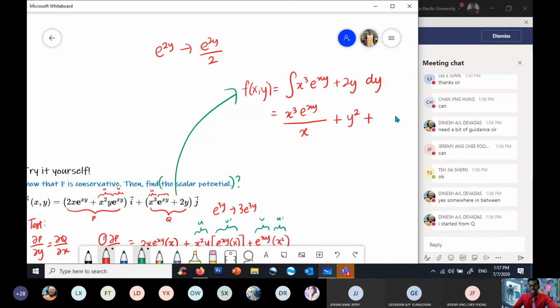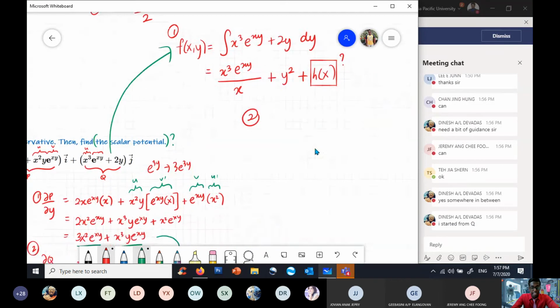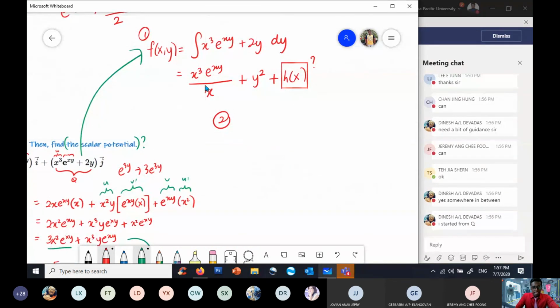And of course, we don't add a c, we add the opposite variable, h(x). Almost done, but right now we are unsure what is our h(x). So my second step is to find out what is my h(x). I'm going to differentiate everything that I got on top here. So df, if I integrated with respect to y, I'm going to differentiate with respect to the opposite variable, dx.